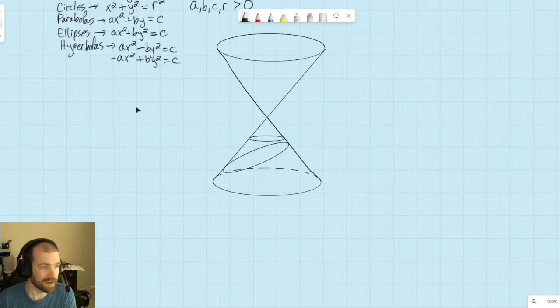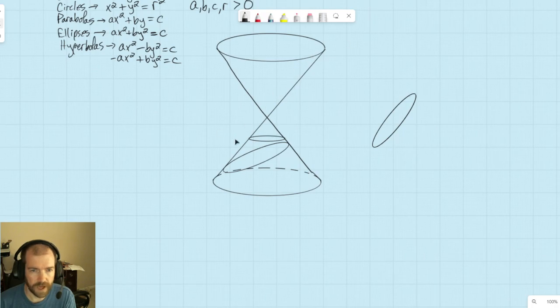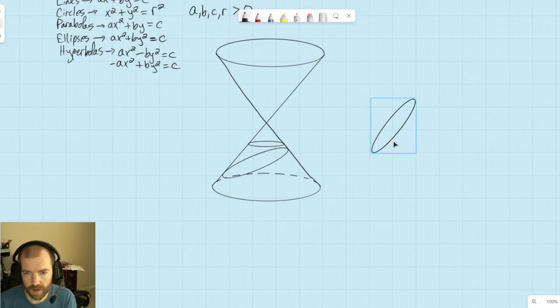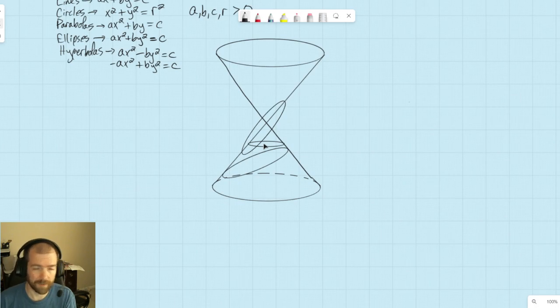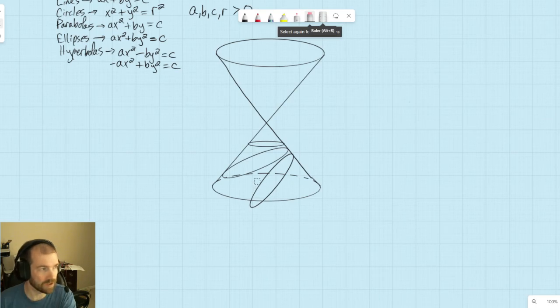All right, then if we go further and slice it at an angle which is greater than the angle at which our sides are rising, that is slightly greater. We get something like this. But the problem with this particular one is that it actually goes into the floor.